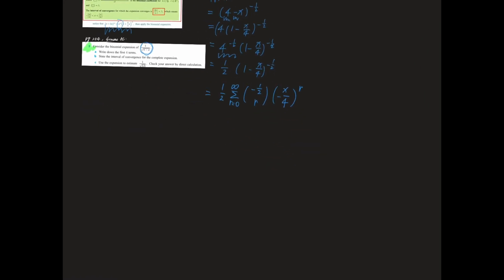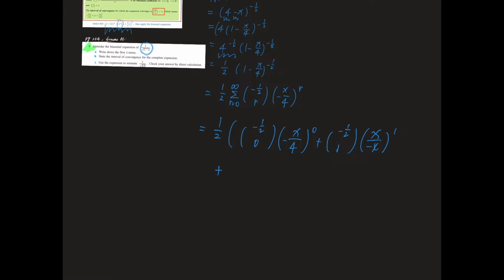Okay, and keep expanding. So this becomes half times the sum from r equal to 0: negative half choose 0 times x over negative 4 to the power of 0, plus the rest of it, negative half choose 1 times x over negative 4 to the power of 1, all the way to the fourth term.